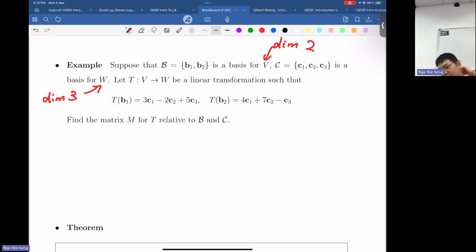So let T be a linear transformation such that this is true. Then we want to find this relative basis matrix. So how do we do this? Should I use my method, or straight away give you the answer? Can I show you why it is true? Let me think.